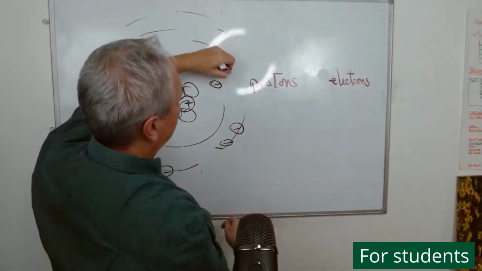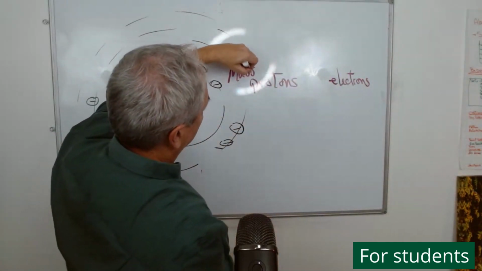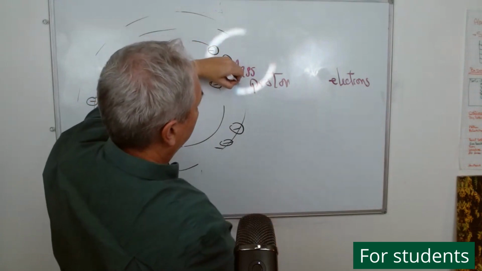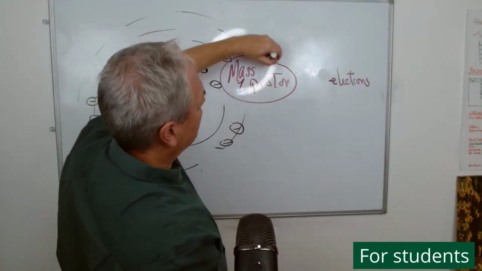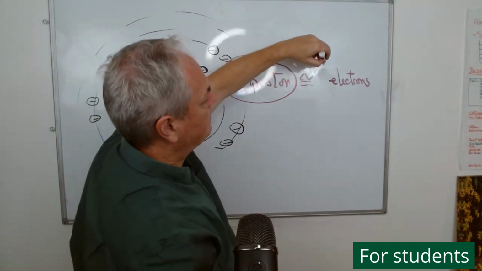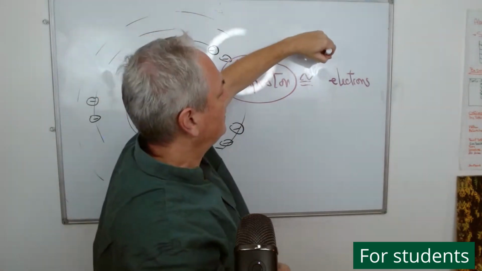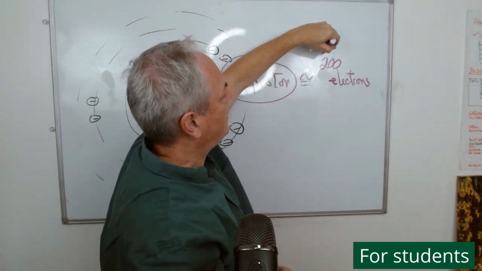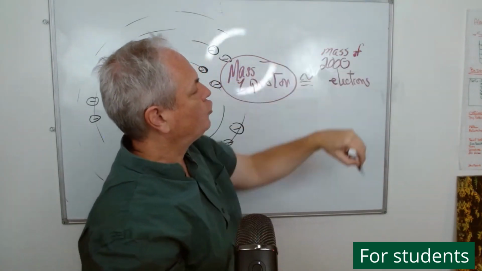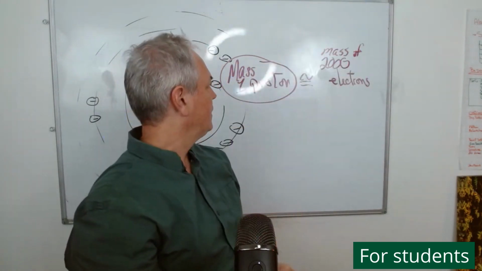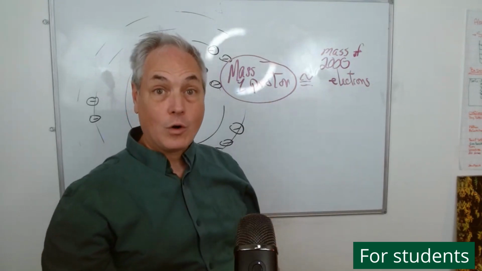The mass of one proton is about the same, plus or minus 100, as the mass of 2,000 electrons. So here, the mass is quite different.